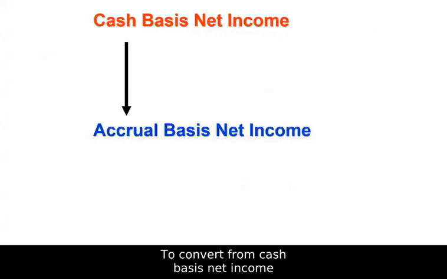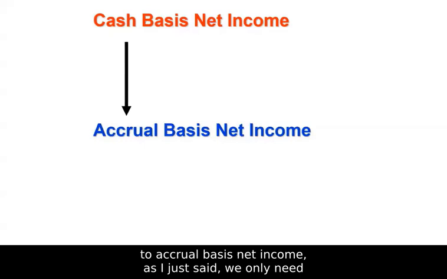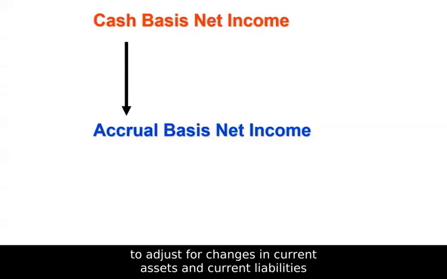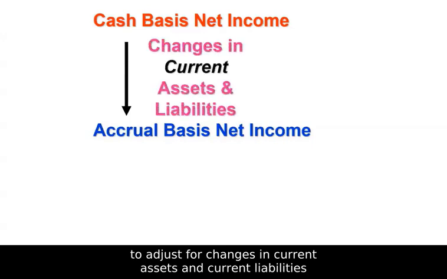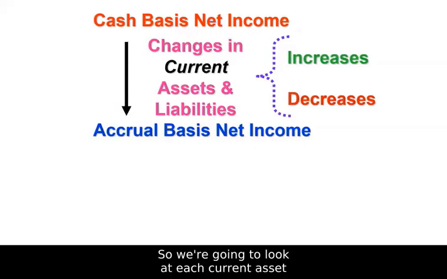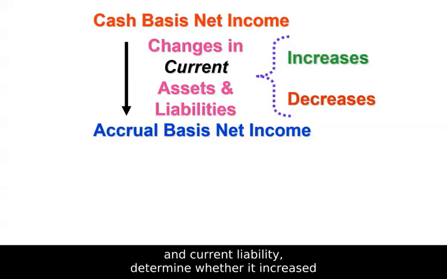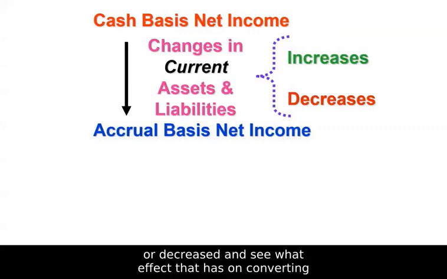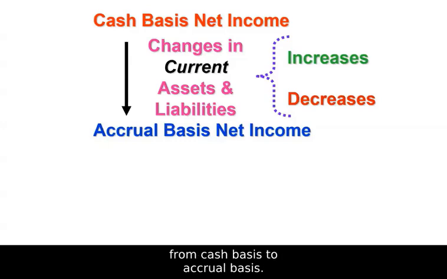To convert from cash basis net income to accrual basis net income, as I just said, we only need to adjust for changes in current assets and current liabilities, for the increases and decreases. So we're going to look at each current asset and current liability, determine whether it increased or decreased, and see what effect that has on converting from cash basis to accrual basis.